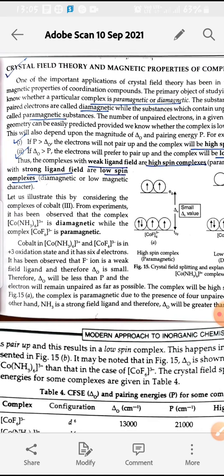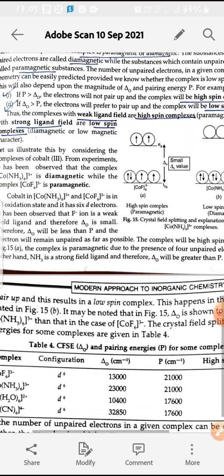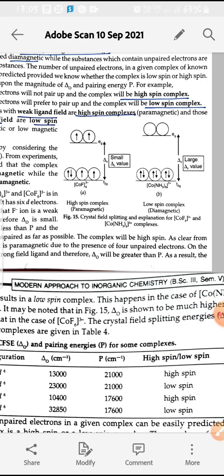If delta O is less than the pairing energy, then there will be a greater number of unpaired electrons, and that will be high spin complexes. So there are two types of complexes, strong field and weak field. Strong field complexes form low spin and are diamagnetic, whereas weak field complexes have more unpaired electrons, are high spin complexes and are paramagnetic.